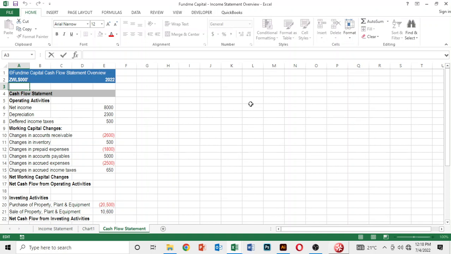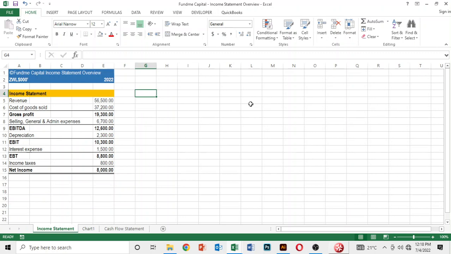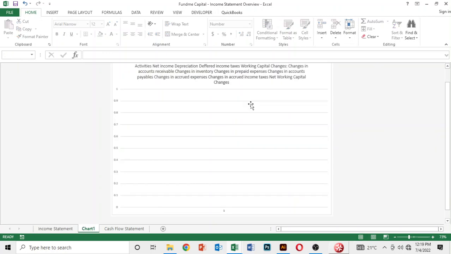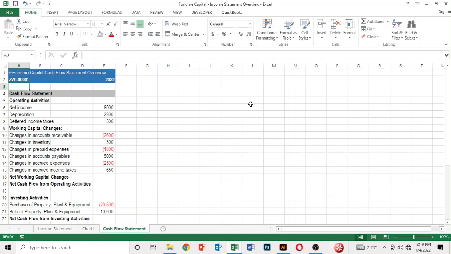And I believe that you were following the tutorial that we did on the income statement, right? So here's the income statement, and here we can see that we got a net income of 8,000. If we go up here, we'll see that the net income starts the cash flow statement.